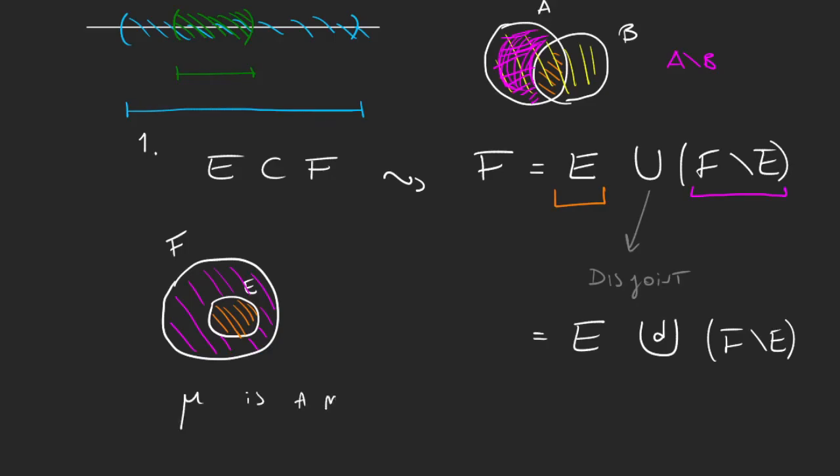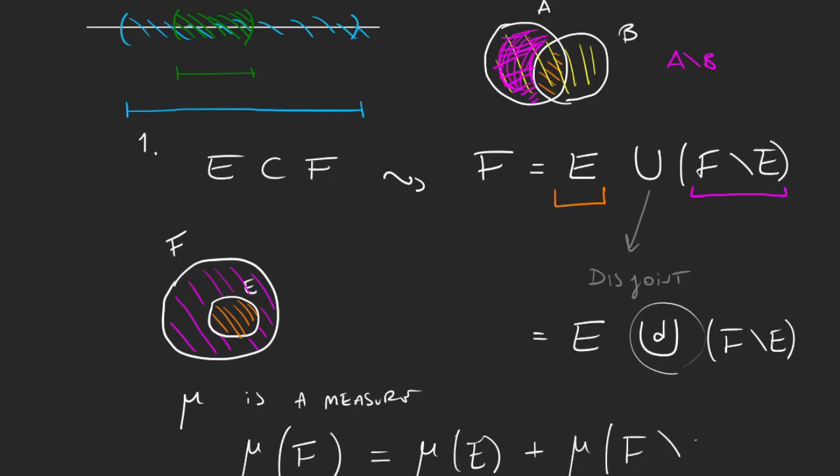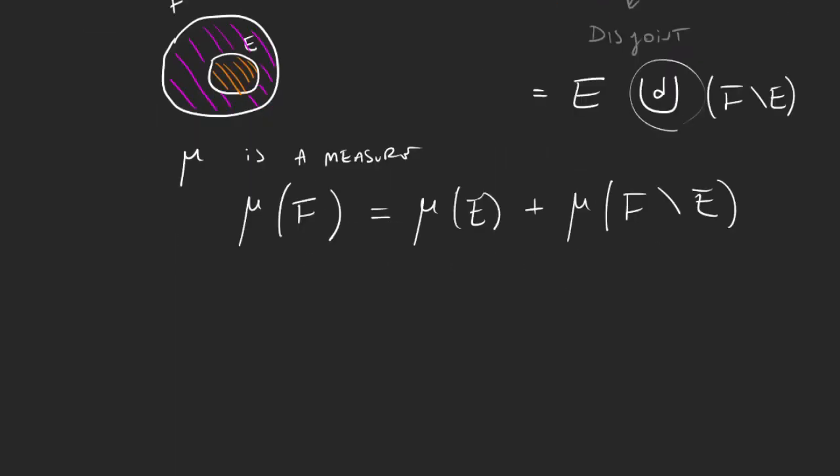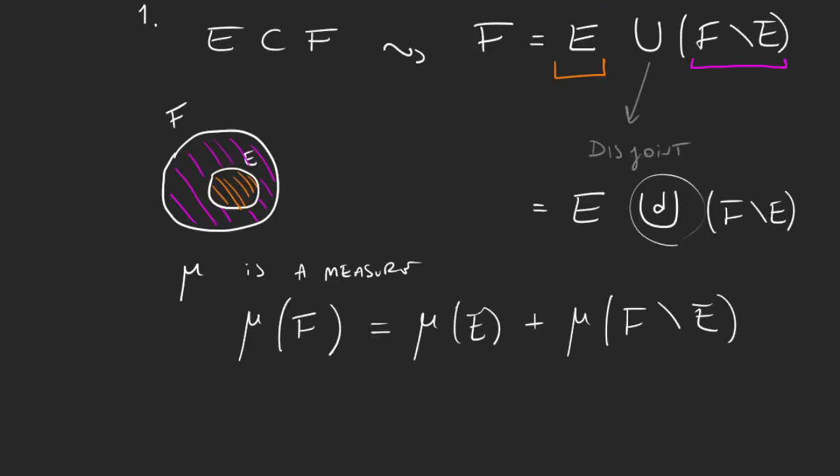So then, because mu is a measure, and because this union is disjoint, then we have that mu of, in this case, F, is equal to mu of E plus the second term, mu of F minus E. So we can see that this mu of F comes from this term, mu of E comes from this term, and mu of the difference comes from this third term.